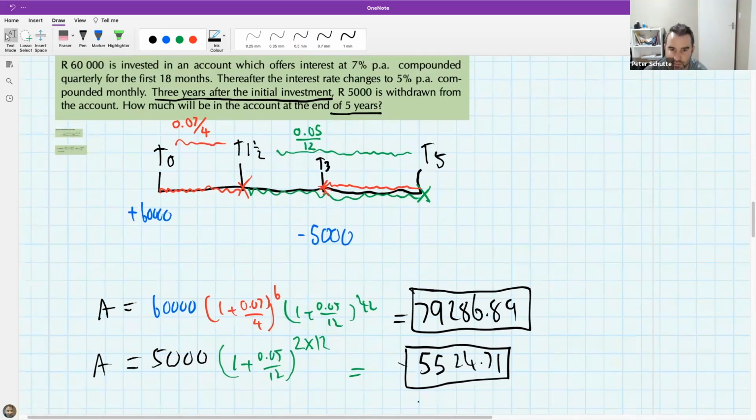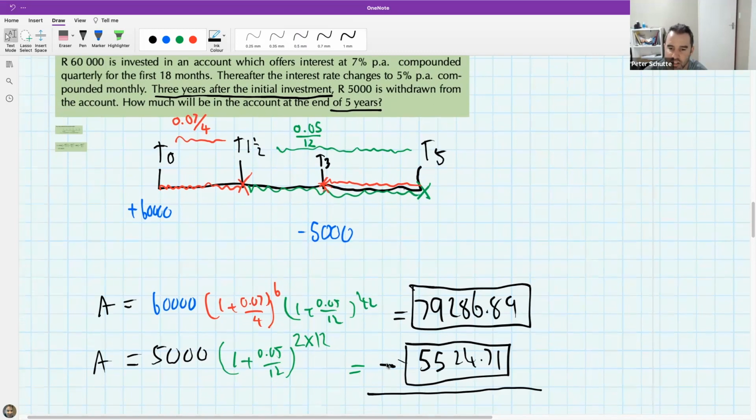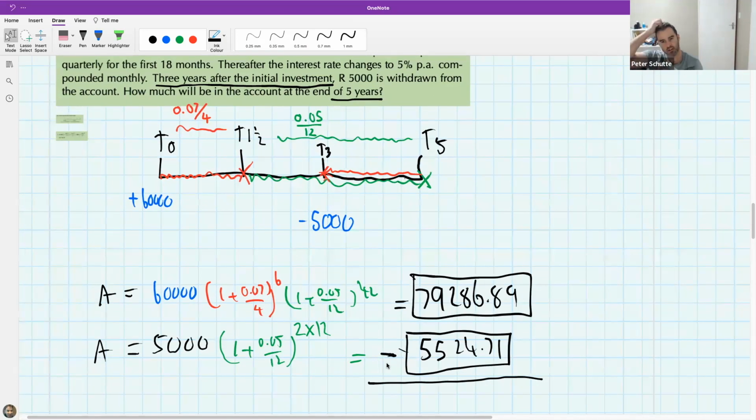I need to take out the 5,000 and the extra interest that it earned because I left it in by mistake. So the final amount that is sitting in my bank account should be this amount minus this amount. What do you get when you take out the 5,000 plus the interest that you worked out? What is my final amount sitting in my bank account?